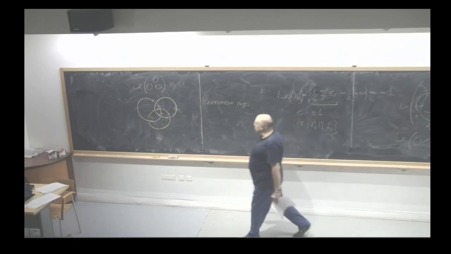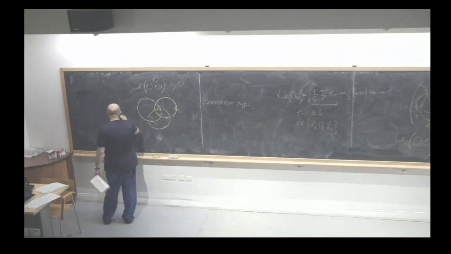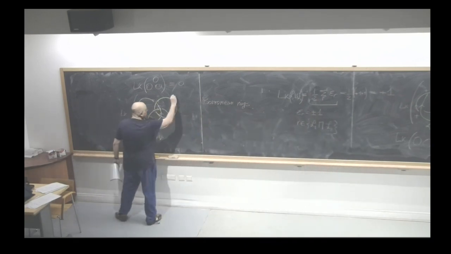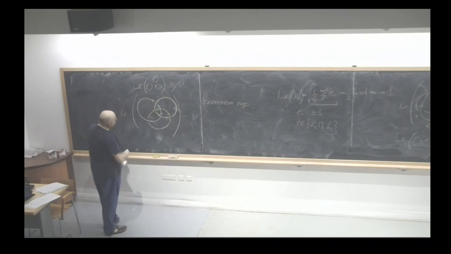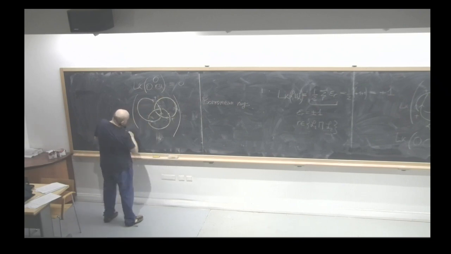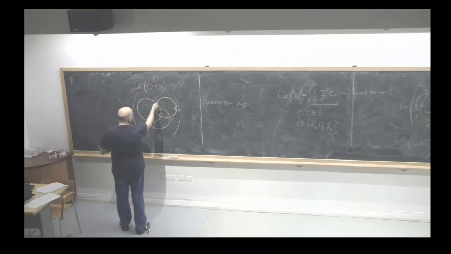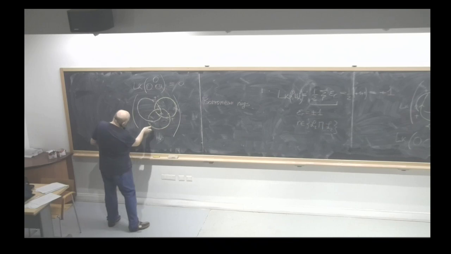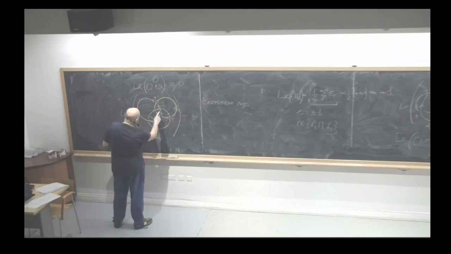Point is, let's compute the linking number of this thing. Okay, so we have to do our work on arrows. So here we have a plus. Please pay attention because I may make mistakes. There's a plus, and here, let me see. This is a plus, and there is something wrong here. I am sure.